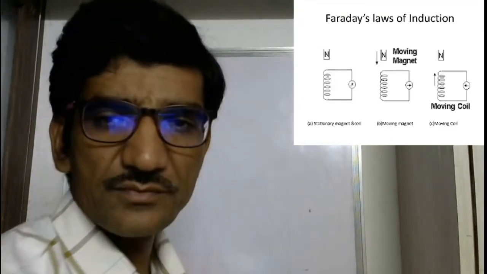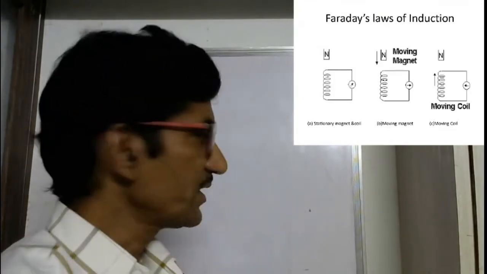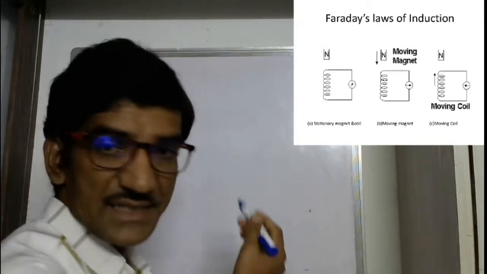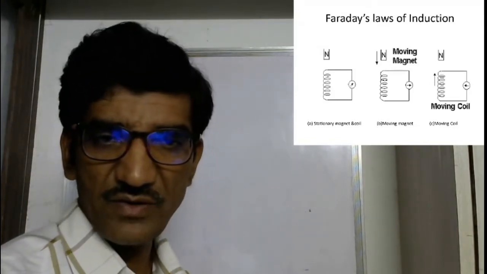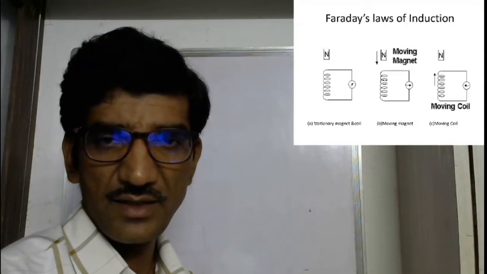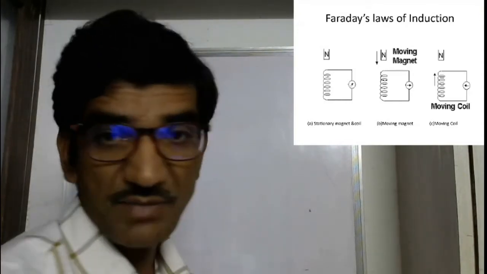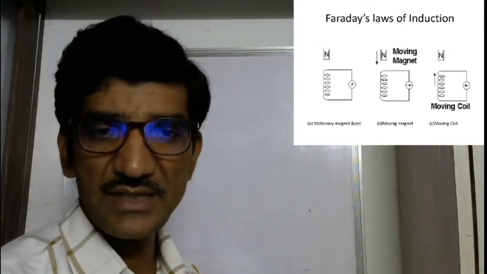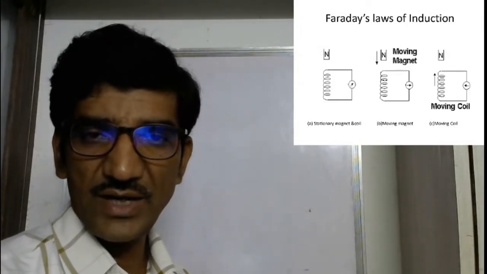See here, you see the slide. Now, there is a coil. There is a magnet. Permanent pole is there. Coil is there. An ammeter is connected to that coil.